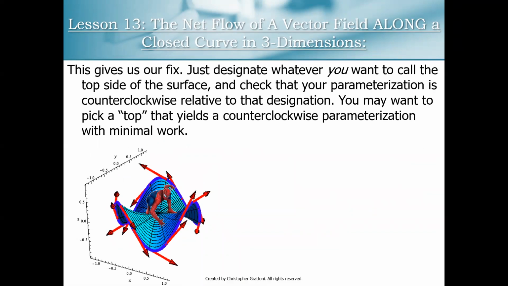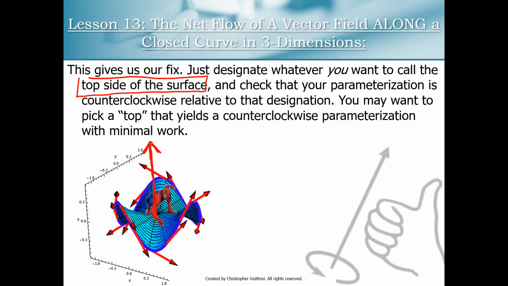So the way we handle this is we just designate whatever side of the surface we want. We call it the top side of the surface. So instead of Spider-Man, plot a normal vector. In place of Spider-Man, you could put a normal vector there and then say relative to that normal vector, those tangent vectors are counterclockwise. And the right-hand rule helps us with this.